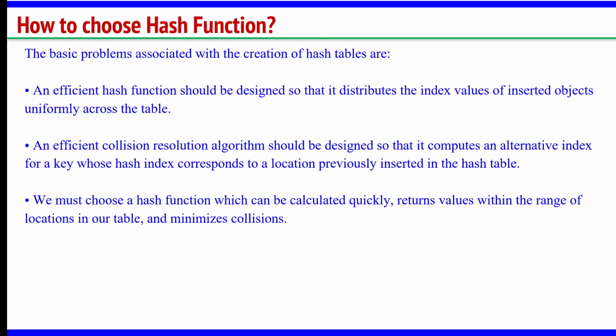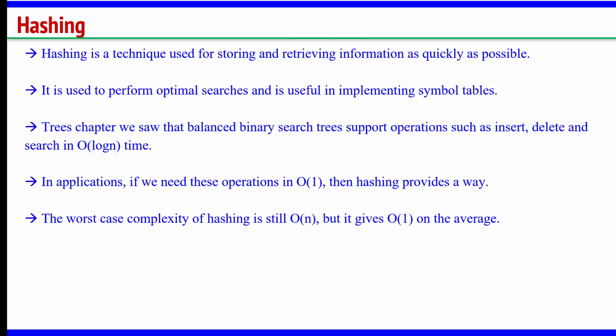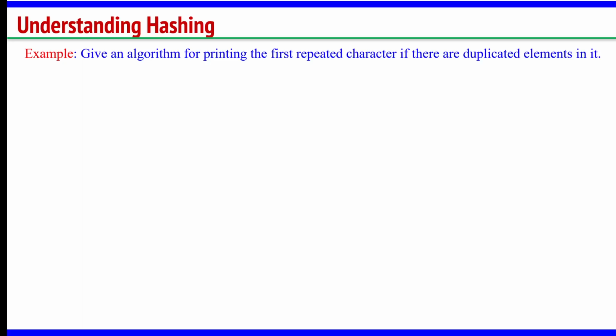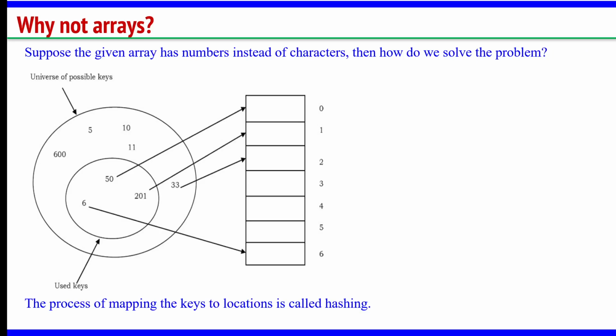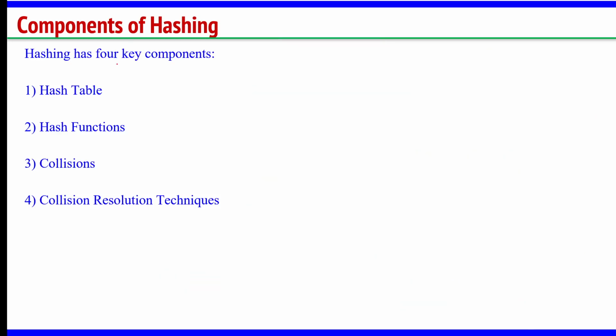So if we quickly summarize what we have seen till now: we have understood a problem where we need to use hashing. Hashing is nothing but using a temporary array as a hash table, so that your processing becomes easy and you reduce the time complexity. It has components: the hash table and hash functions are the base, then we have collision resolution techniques.